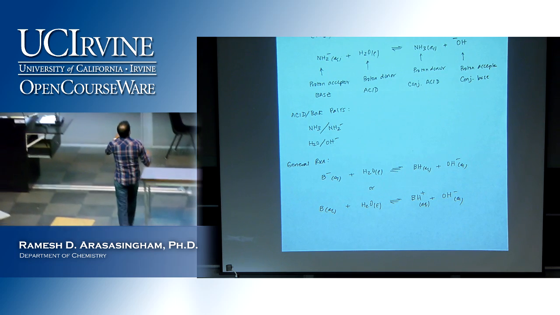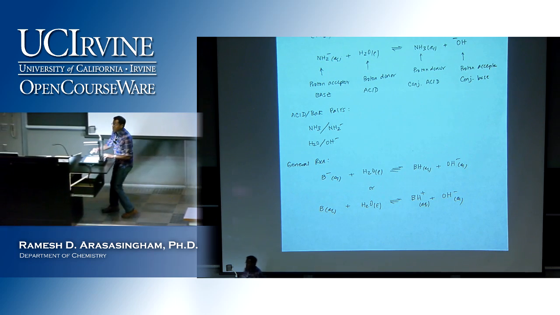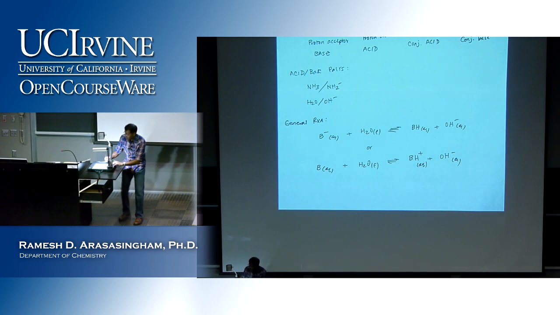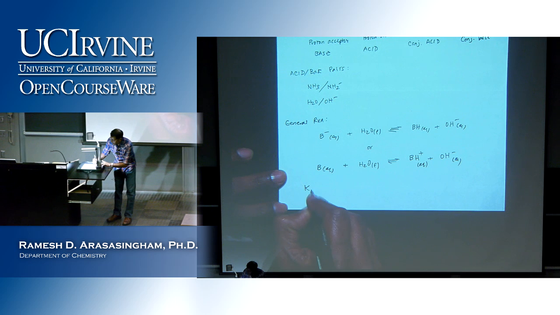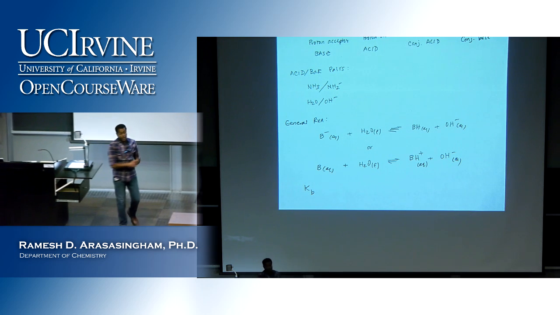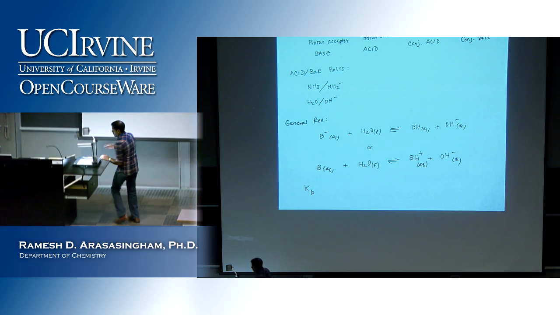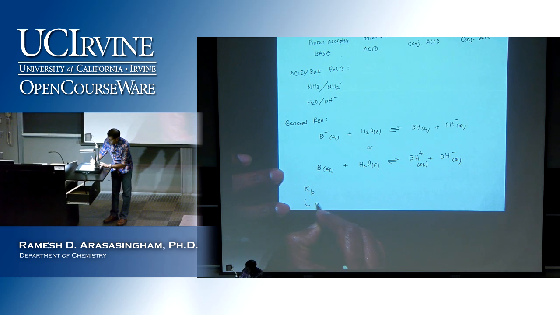Now let's take the second equation. This is an equilibrium once again, and since it's an equilibrium, I can write the equilibrium expression again. But now because we're dealing with a base in water, we put a subscript B. If we call the other one acid dissociation, what do we call this?